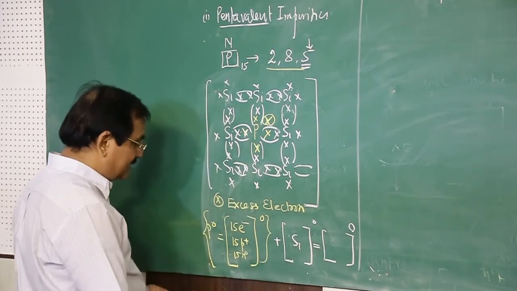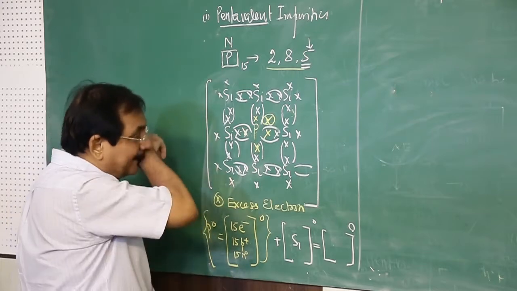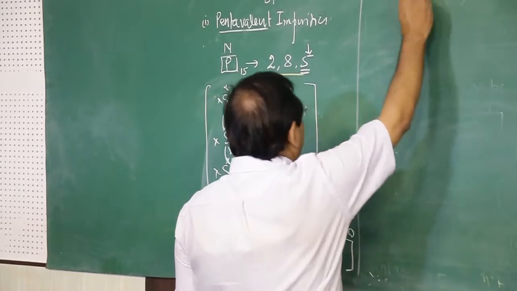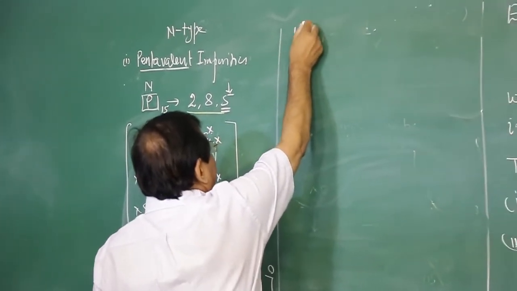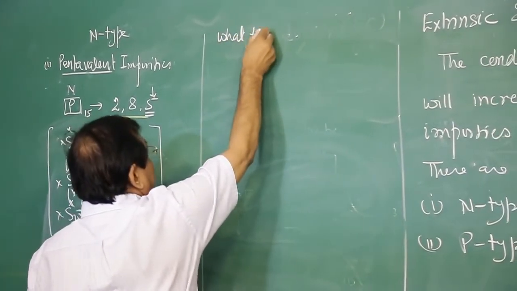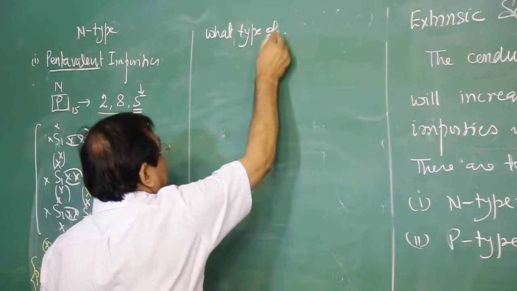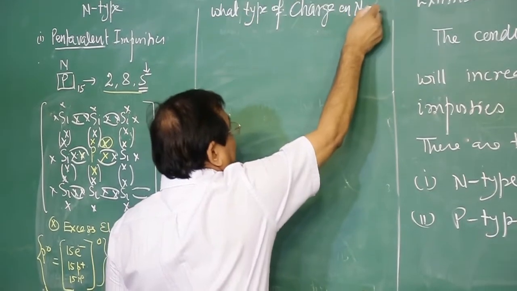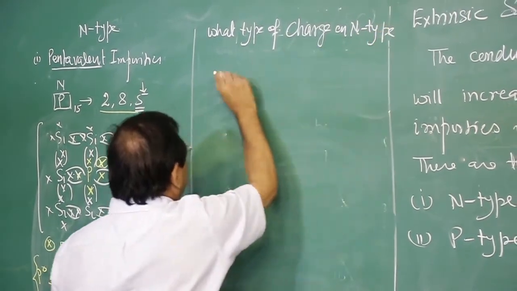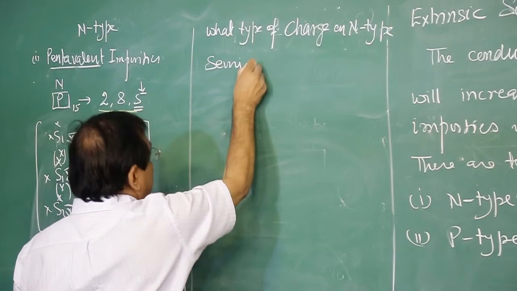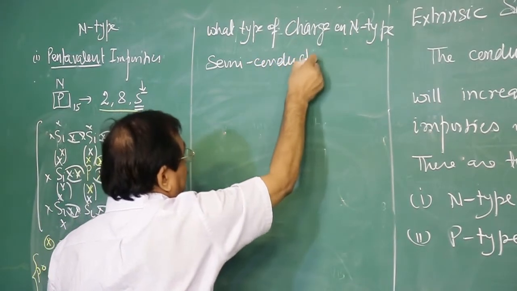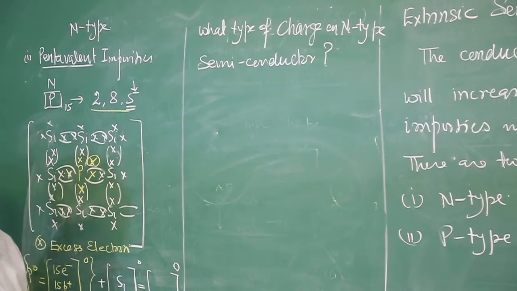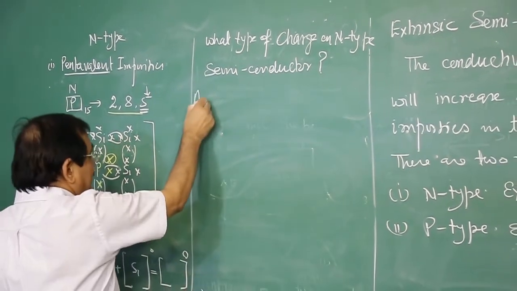Why am I emphasizing this? Because if one has to put the question, what type of charge is on an N type semiconductor?